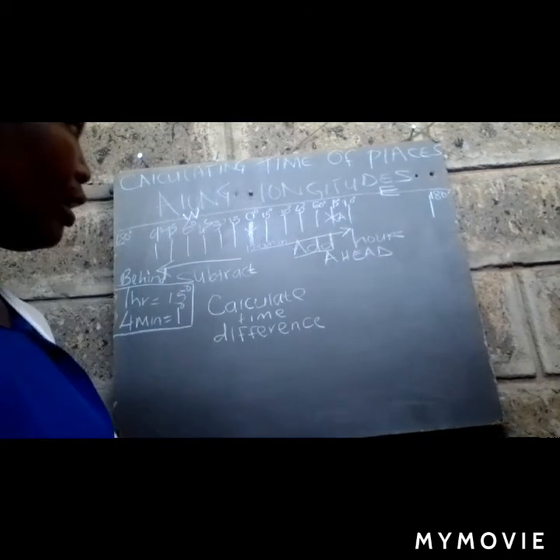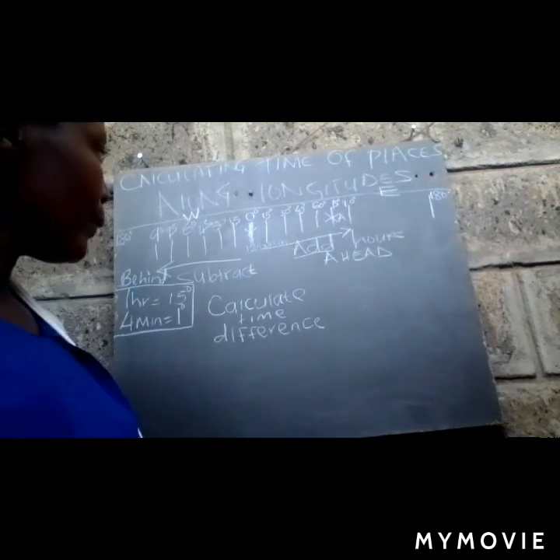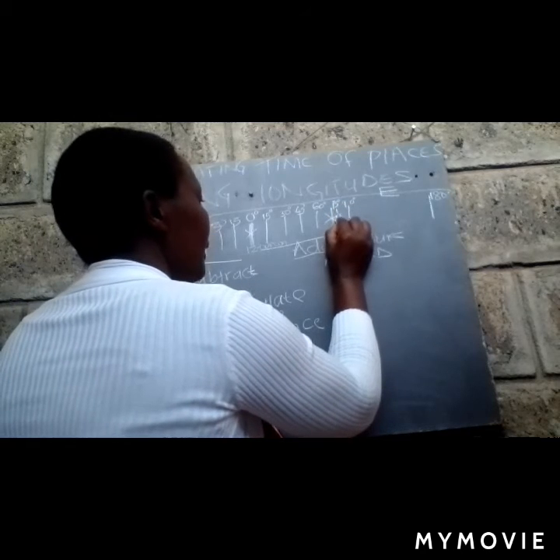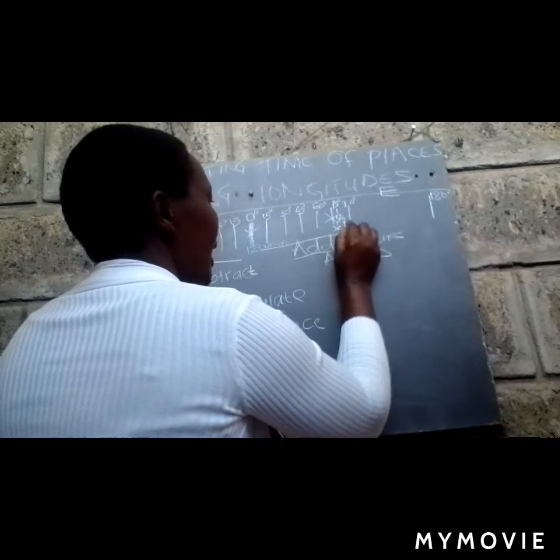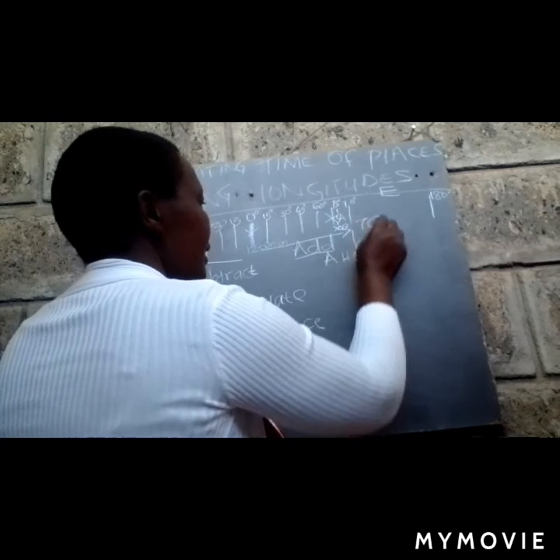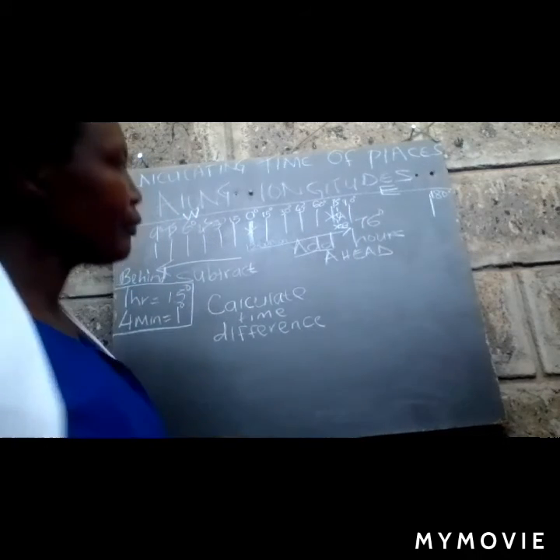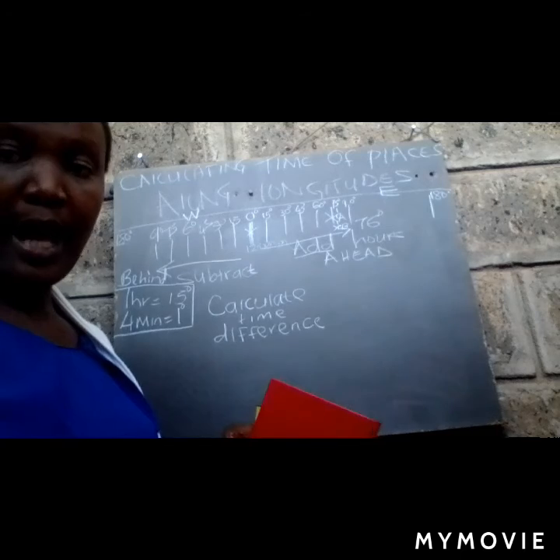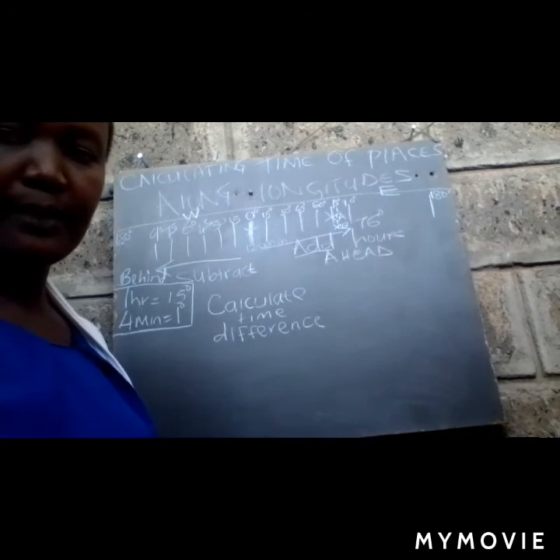Now, what if we are given a place B at 76 degrees?